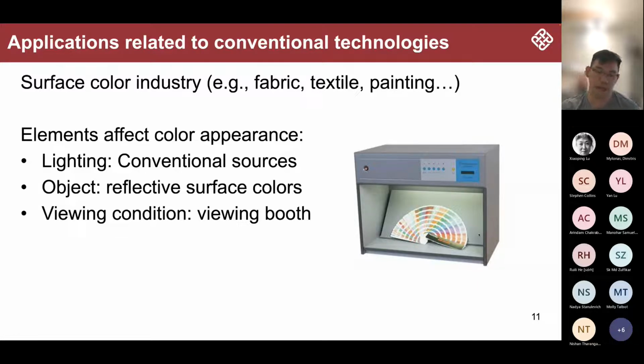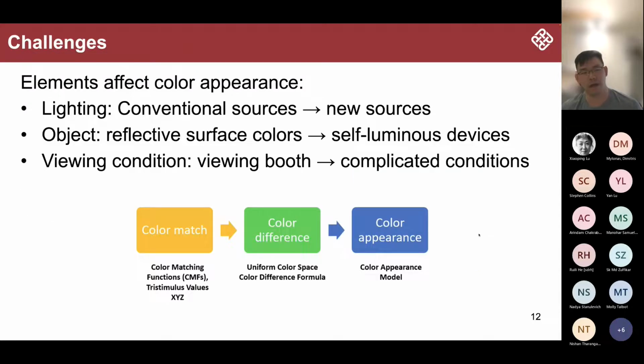And this has motivated us to carry out a lot of experiments to quantify the color match, the color difference, and also the color appearance. But in recent years, because we have better systems and better technologies, we are having more and more complicated conditions for the lighting, the objects, and the viewing conditions.